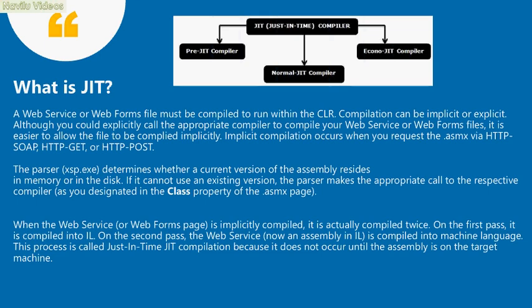When the web service or web forms page is implicitly compiled, it is actually compiled twice. On the first pass, it is compiled into IL. On the second pass, the web service, now an assembly in IL, is compiled into machine language. This process is called just-in-time (JIT) compilation because it does not occur until the assembly is on the target.